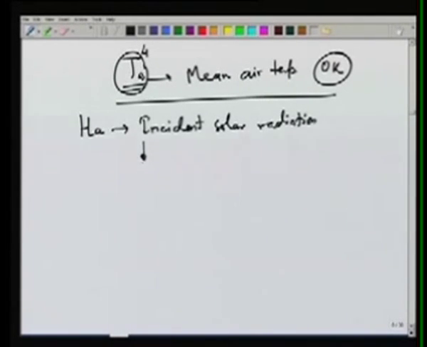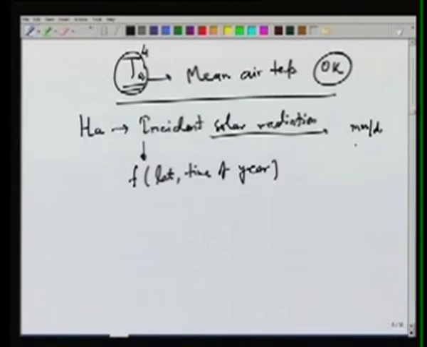This will also be a function of latitude, time of year, and this is also expressed in millimeter per day of evaporable water. So the amount of heat energy available, how much depth of evaporation it will cause in millimeter per day, that is HA.